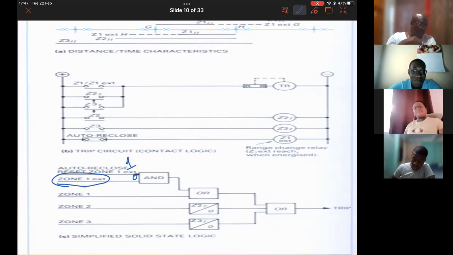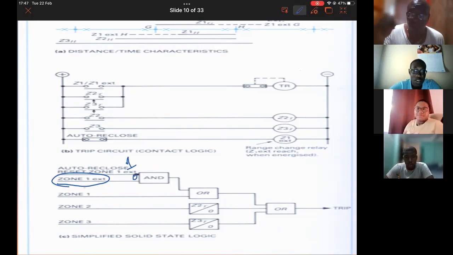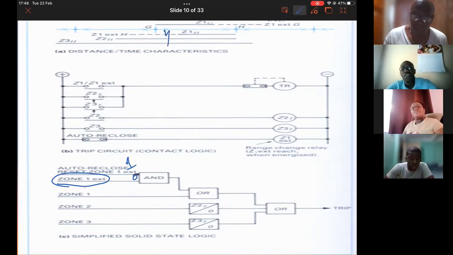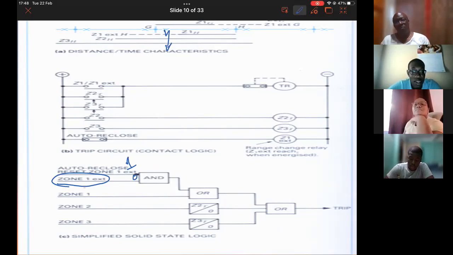All right, so the fault occurs in the end zone. So we're looking at H, right? So say it occurs at 100% looking from H. No, 100% is a bus fault. Let us stick to a line fault. Right, so 90% from H. So it is right here. Okay, so good. In that case, this down where you circled, the Zone 1 extension will get a positive 1.